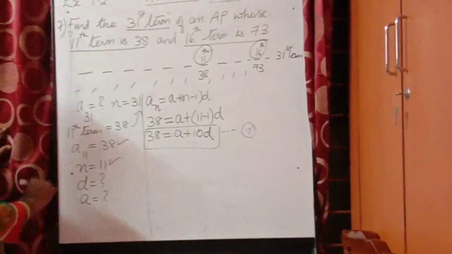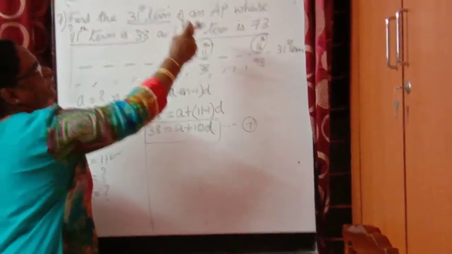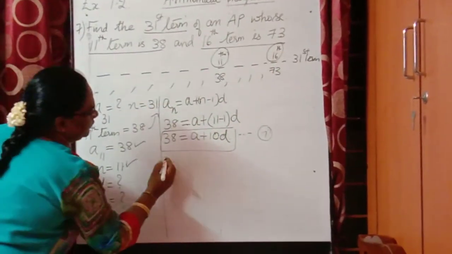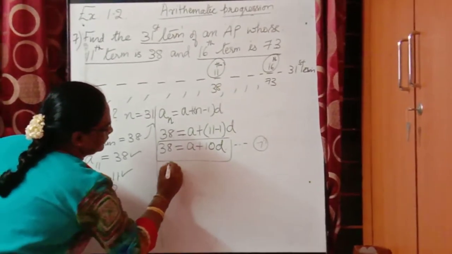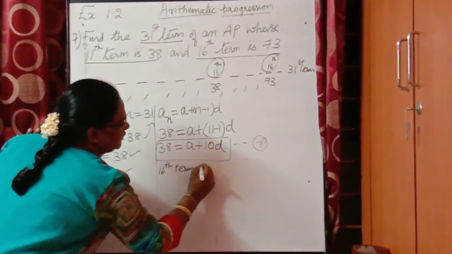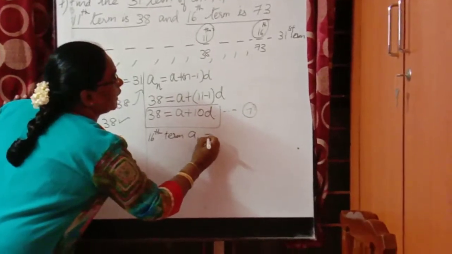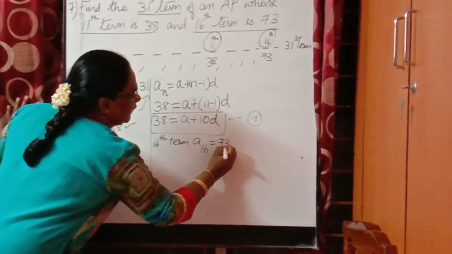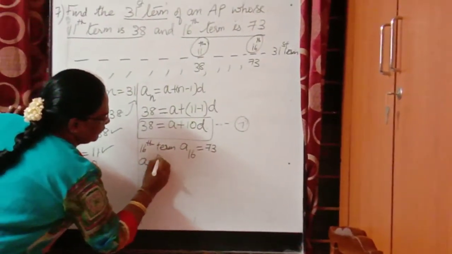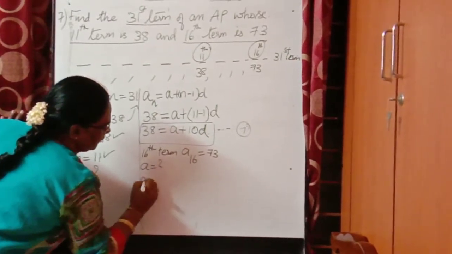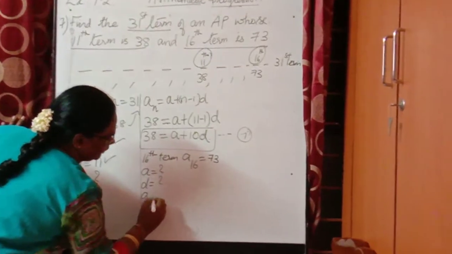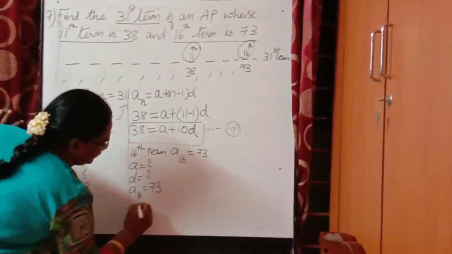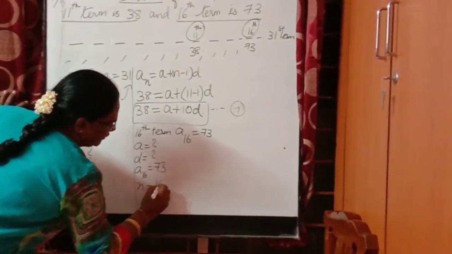This is one equation. In the next, what they have given? 16th term, which means the A16 value is given, that is 73. Here also we don't know the value of a and d, but the A16 value you know. A16 means n will be 16.